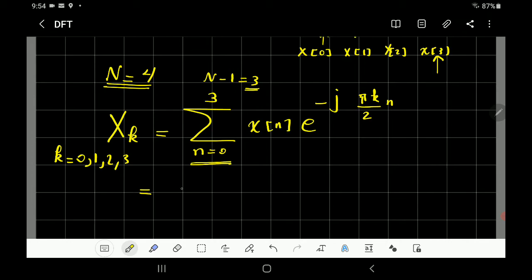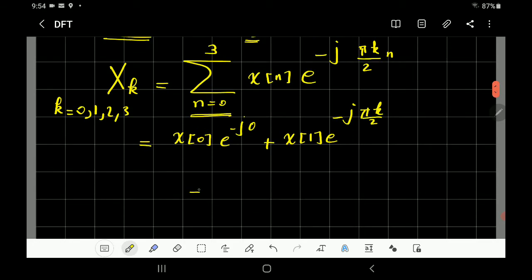So n equals 0, so you have x of 0, e to the power minus j, and all this multiplied by n, which is 0. Plus, the second value, x of 1, n equal 1, e to the power of minus j, you substitute n equal 1, so it would be pi k over 2.